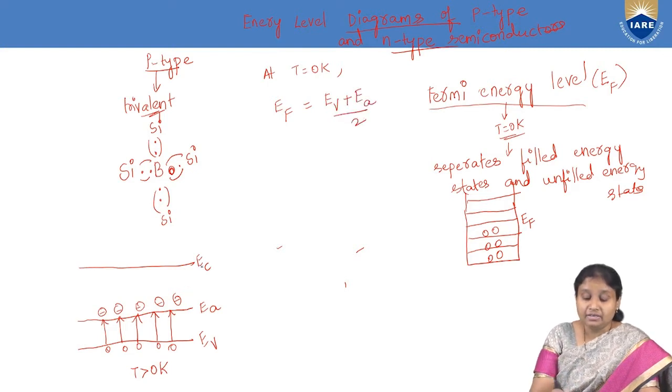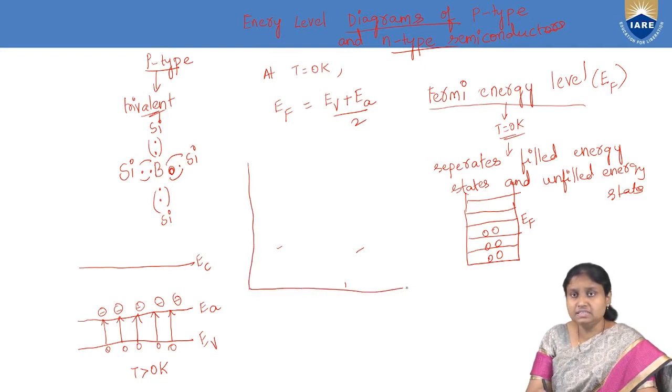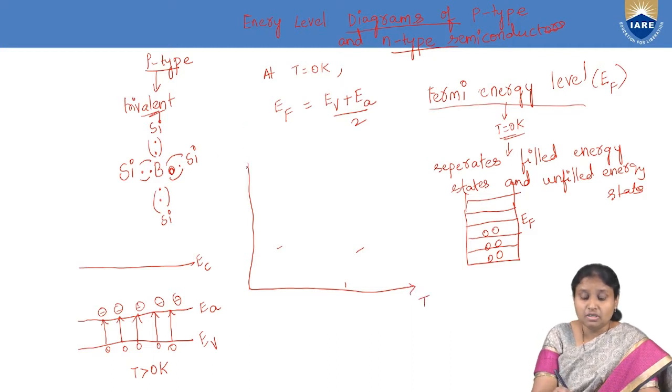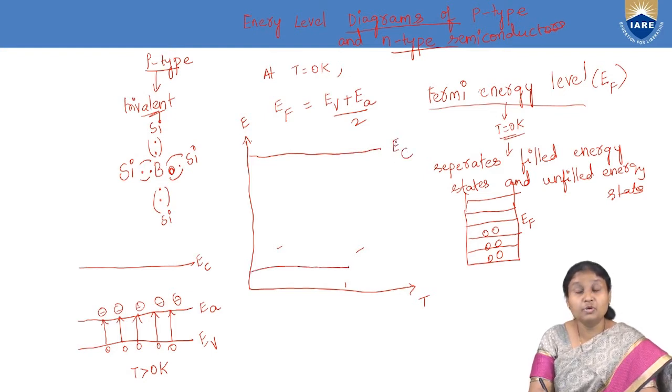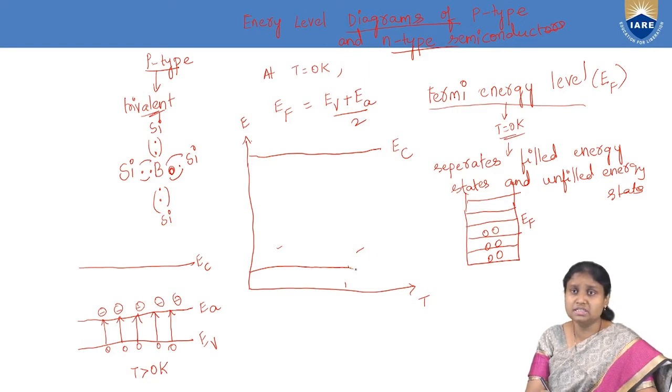If we show it with the curve, as you can see here, on the x-axis we are taking temperature, and on the y-axis we are taking energy levels E. This is the bottommost energy level of the conduction band, taken as EC, and this is the topmost energy level of the valence band, taken as EV.